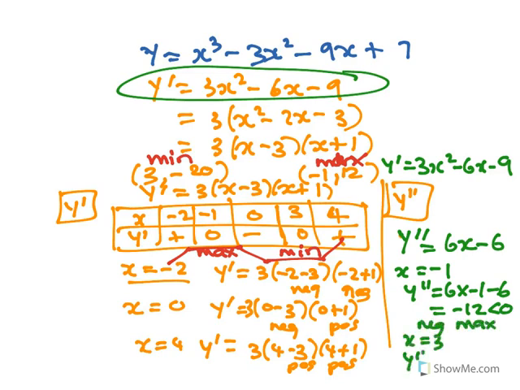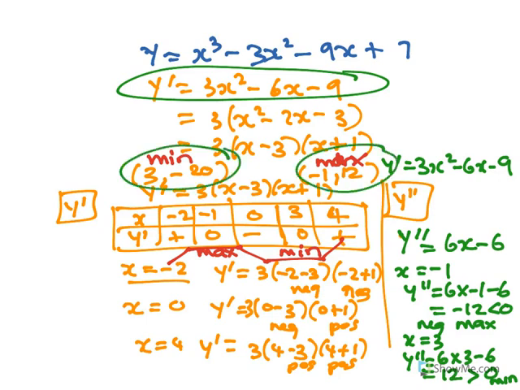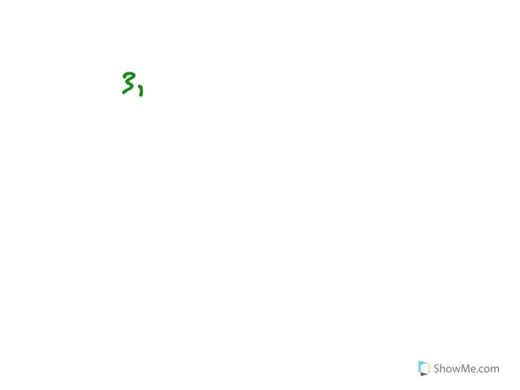And if you put in 3, y double dash is 6 times 3 minus 6, 18 minus 6, which is 12, so that's greater than 0. So that is a minimum. So at 3, minus 20, that's a minimum, and at minus 1, 12, it's a maximum.